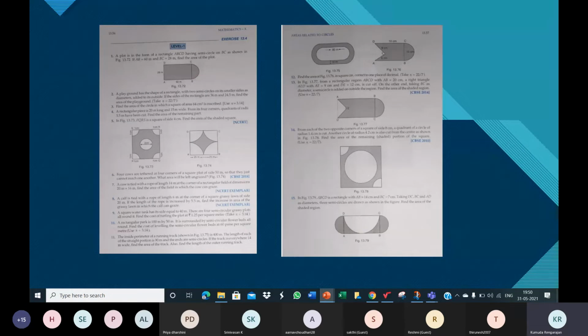It's similar to the car wheel question. There you're given the radius of the car wheel, the distance is given, and you find how many revolutions the wheel makes to cover that particular distance. Similarly here, it's about the wheel, and I'm not giving you any more clue.